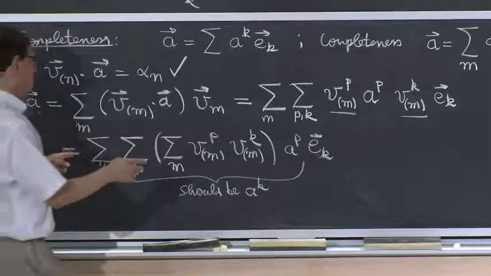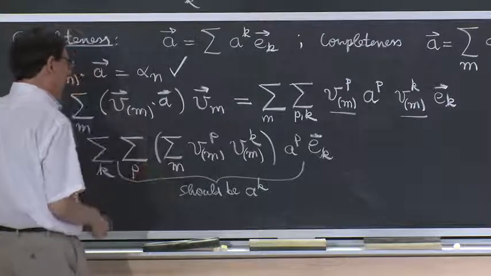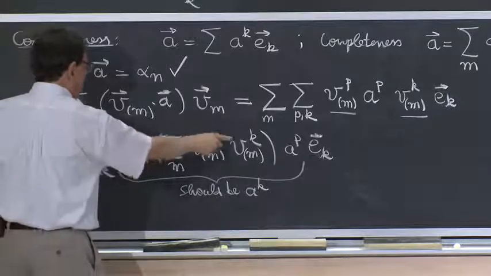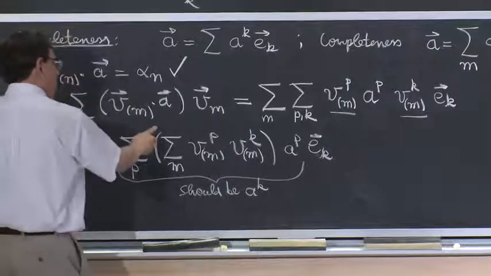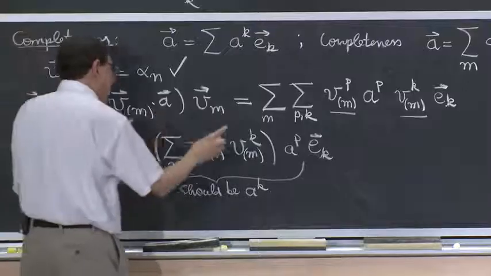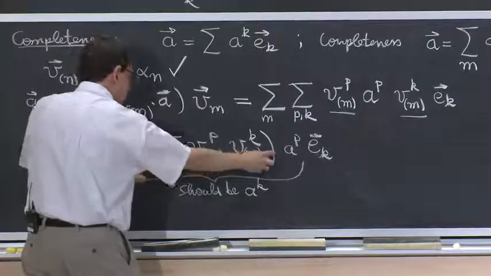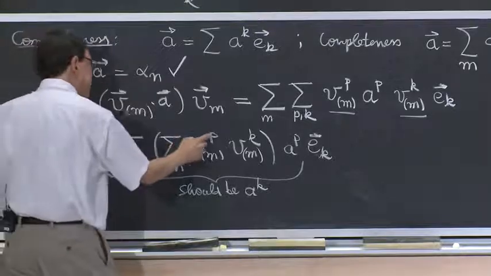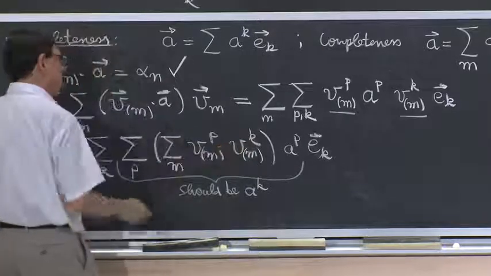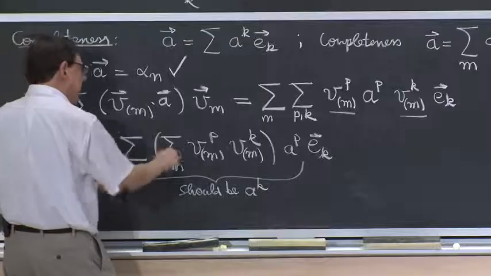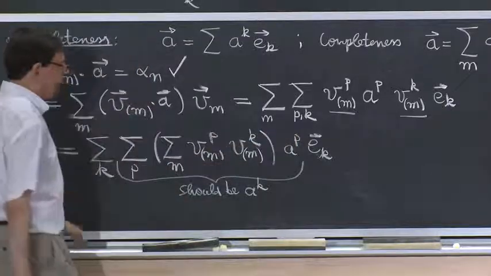But if this is supposed to be A_k, and we're summing over p, what would allow that to happen is if this sum over here is delta_pk. So then when you sum over p, it would turn this into an A_k.